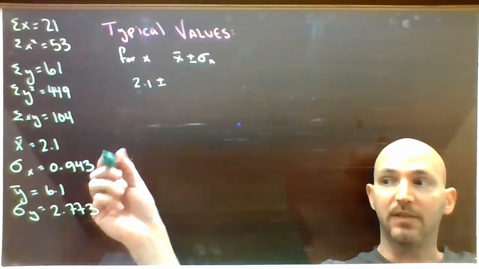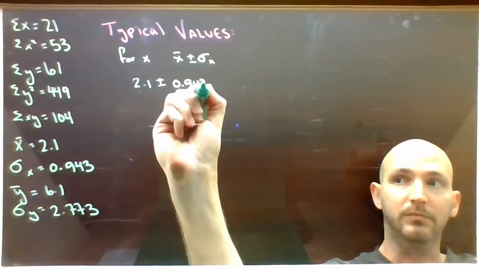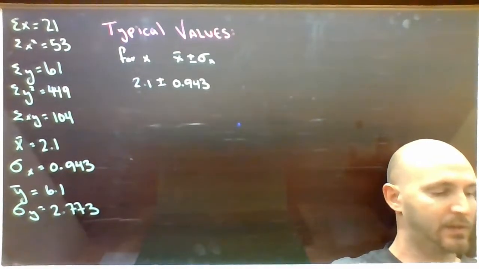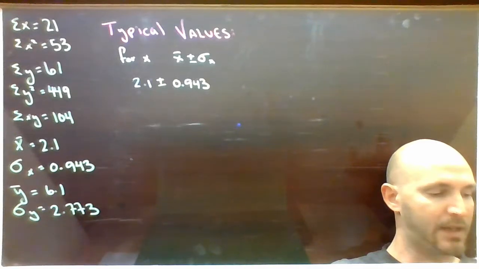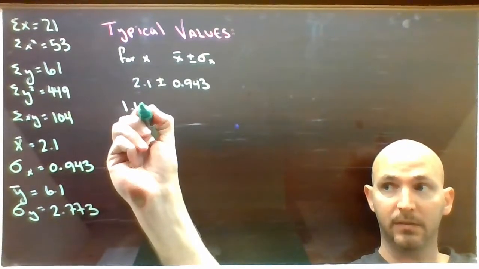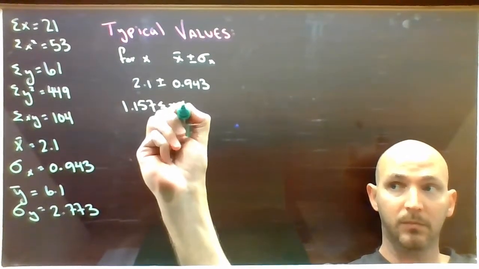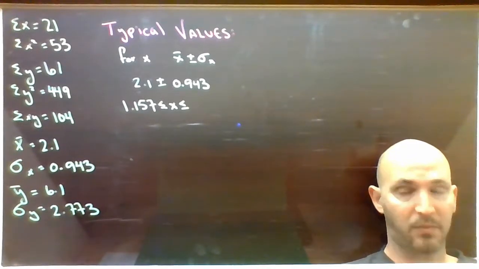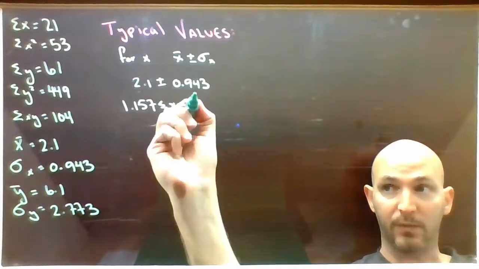and my standard deviation is 0.943, which gives us a range of 2.1 minus 0.943 is 1.157, and 2.1 plus 0.943 is 3.043.